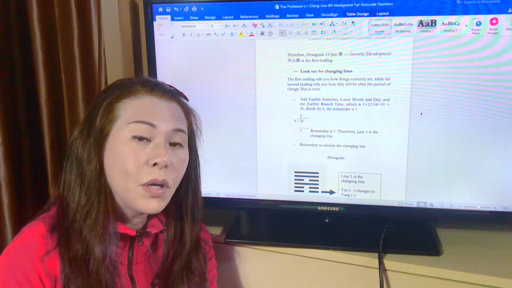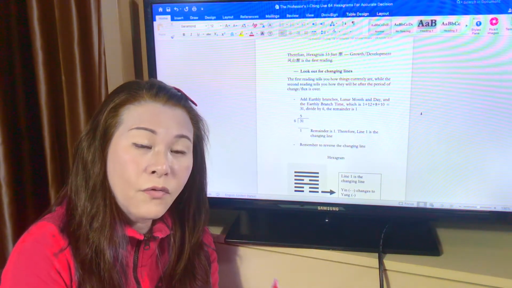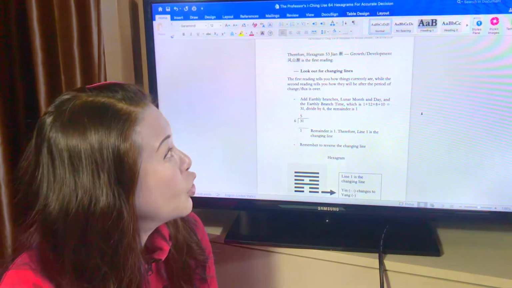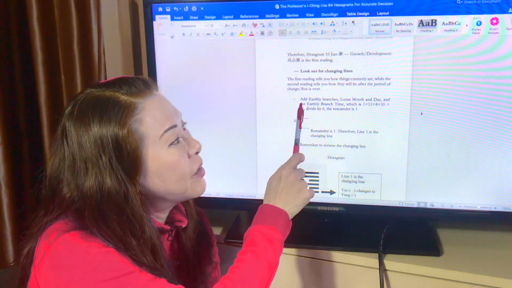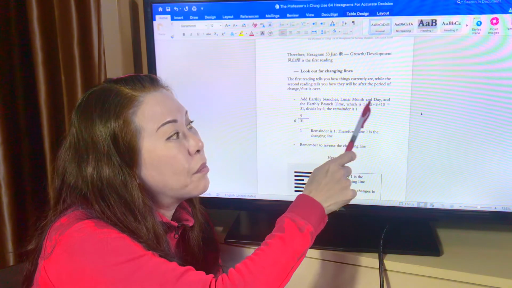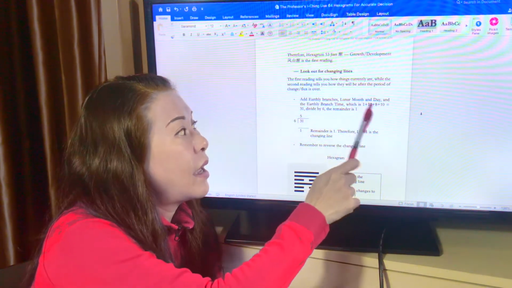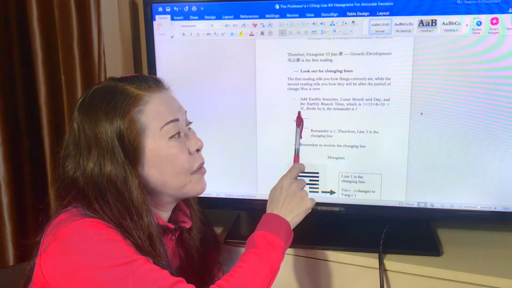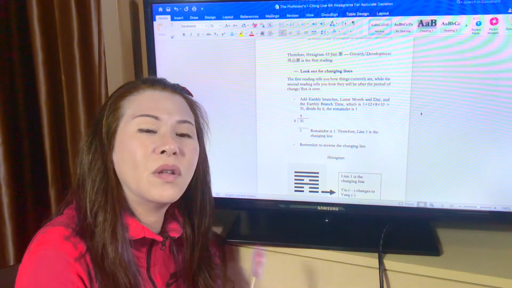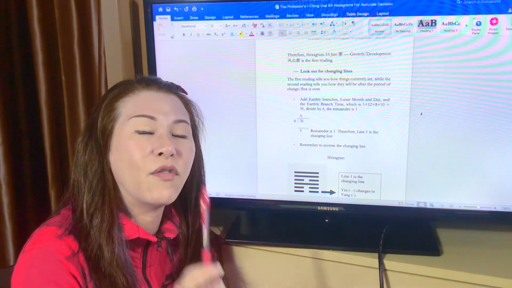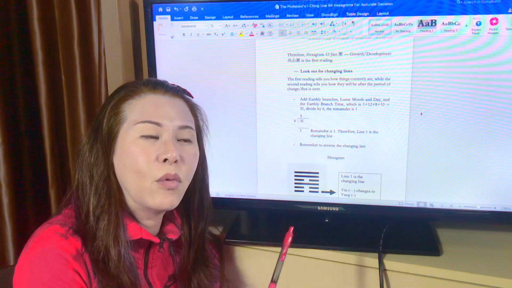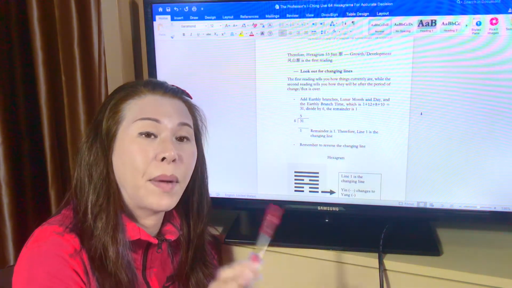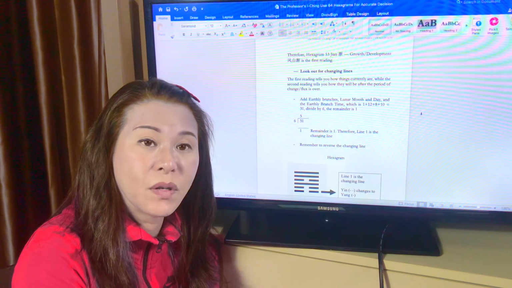The next thing we need to do is look for the changing line. For the changing line, you add the earthly branch, lunar month and day, and the earthly branch time, which is this 31. But this time you divide by 6, not 8. Why? When you're looking for the upper or lower trigram, you divide by 8 because there are 8 trigrams, 八卦.